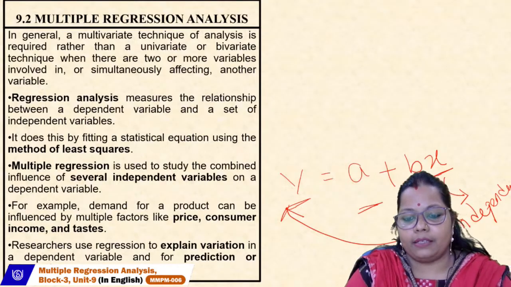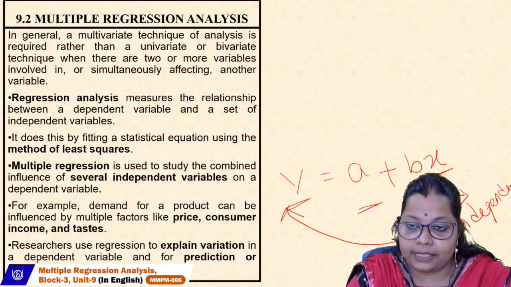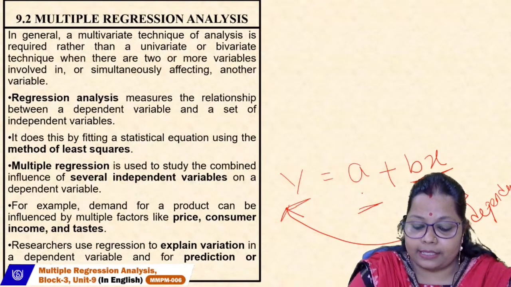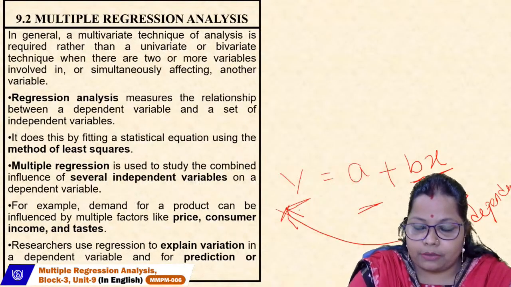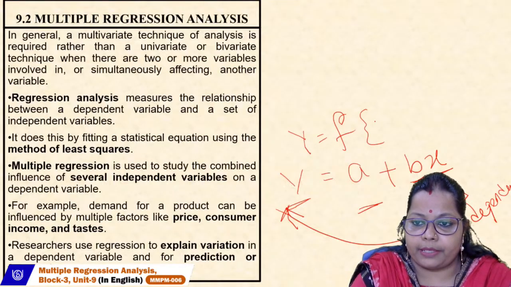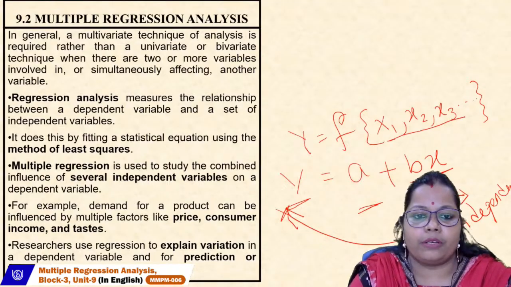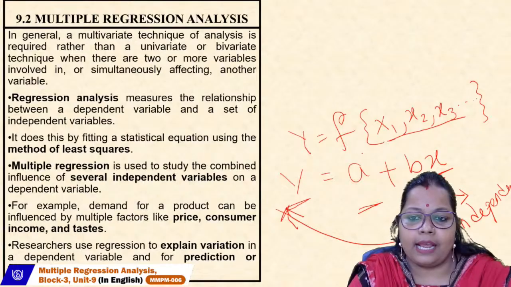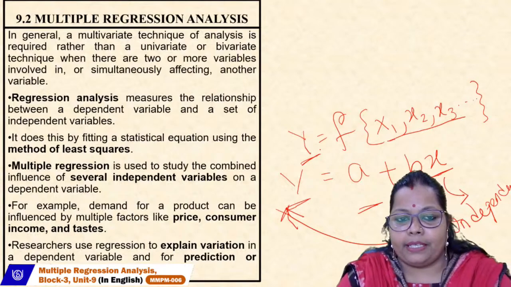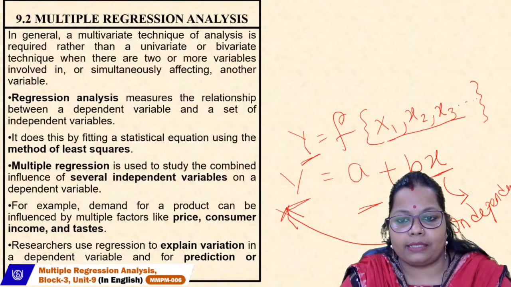But what is happening here is that linear regression explains this kind of two-variable relation, but in multiple regression analysis, y will be a function of many variables. It may be x1, x2, x3 and so on. So these are the independent variables, or you can say a set of independent variables, and that is the dependent variable. This is also happening in industry, in human resource analysis and also in marketing research analysis.